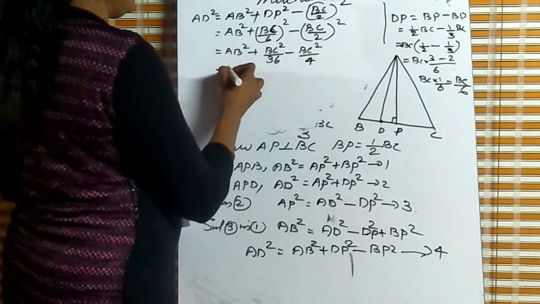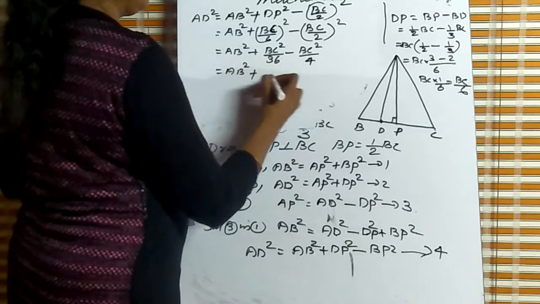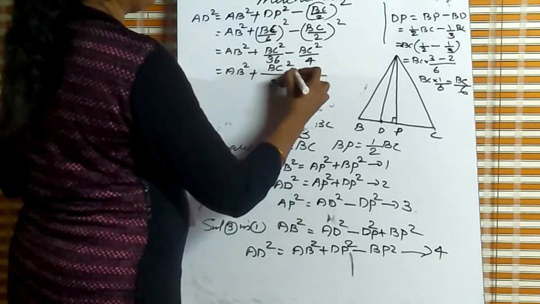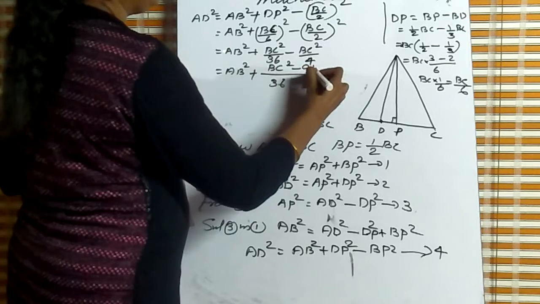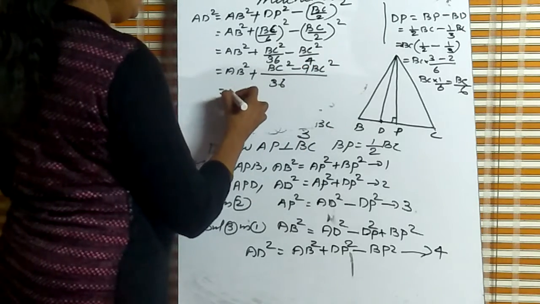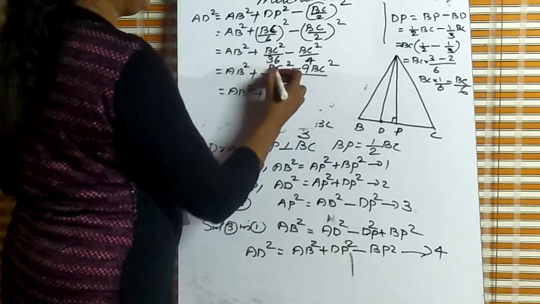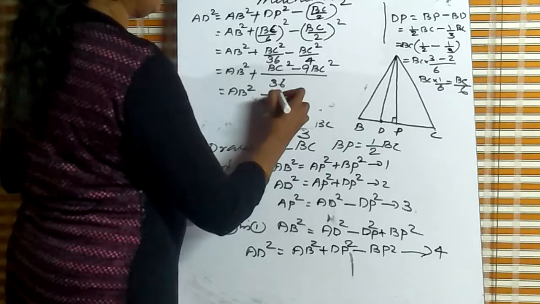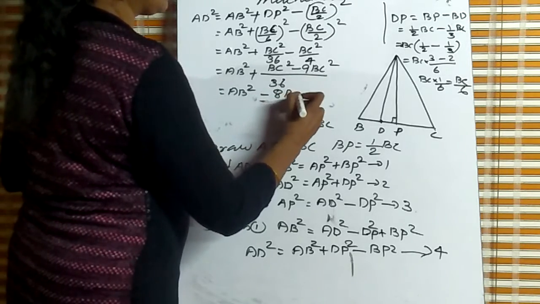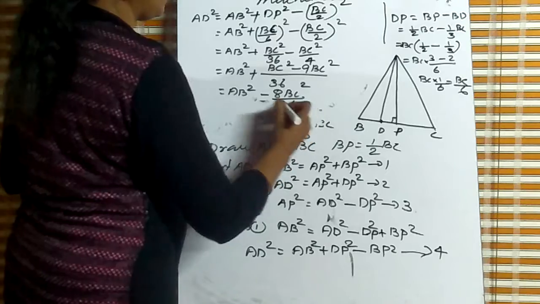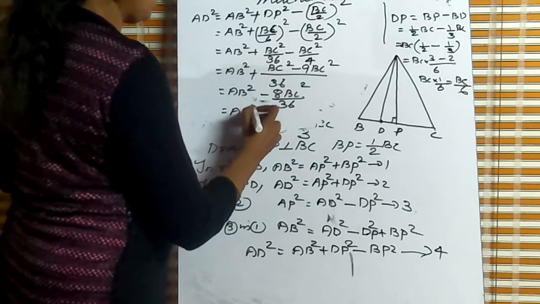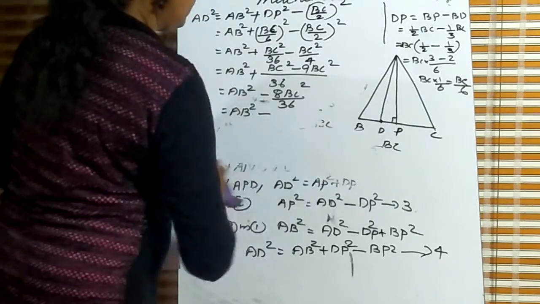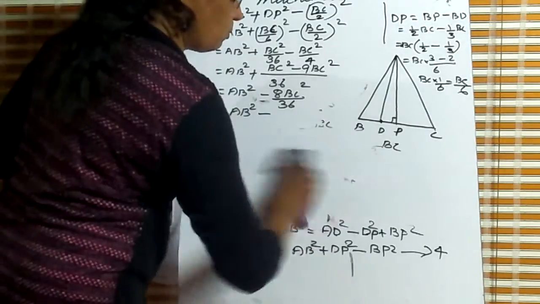Take LCM 36: 36 by 4 is 9. So AB square plus BC square minus 9 BC square is minus 8 BC square by 36, equals AB square minus, what is 8 by 36? 8 by 36 is 2 by 9.